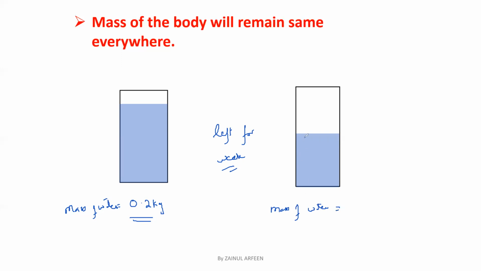Will it increase, decrease, or remain the same? At the beginning of the experiment it was 0.2 kg, but after a week some of the water evaporates. What will happen to the mass of the water which is remaining?